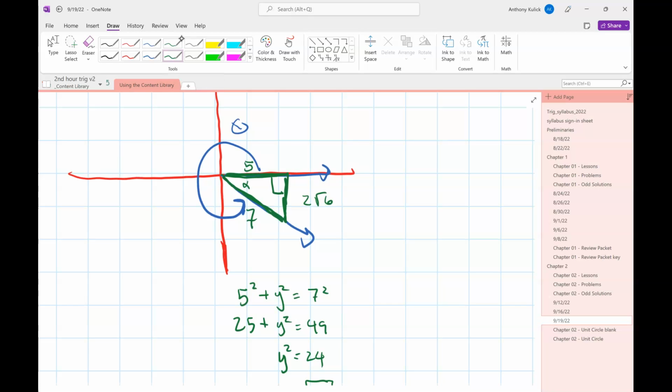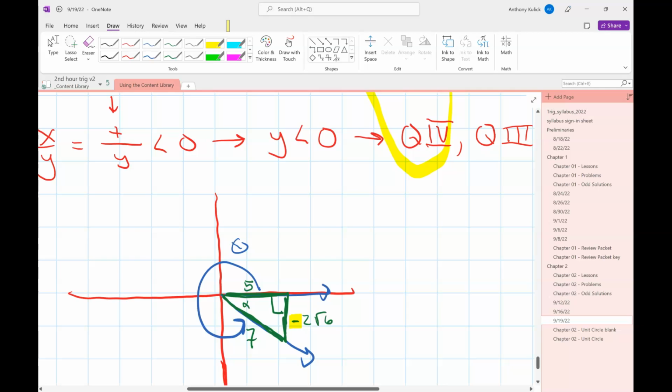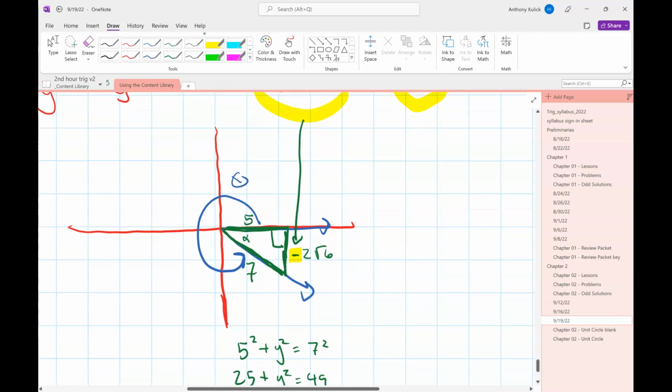Does that all look good to you guys? Shouldn't be. There's one thing missing. Why is that negative? Because it's on the bottom. Yep, that's fine.